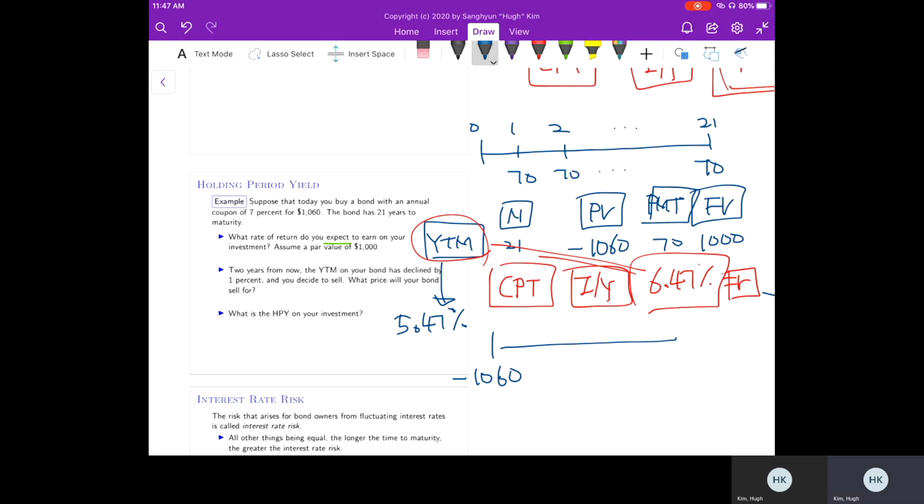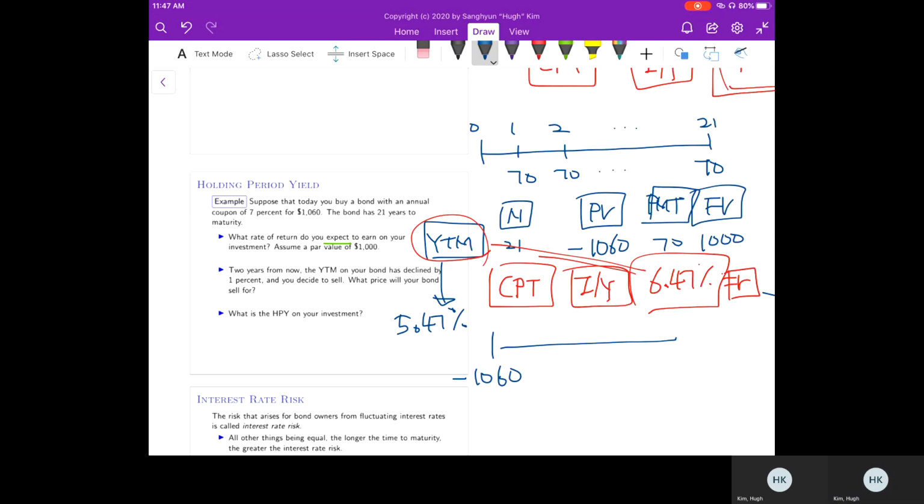This is good news for you because if interest rates go down, bond prices go up. So you decide to sell your bond. And the question is, what price will your bond sell for? So you have to compute the bond price.